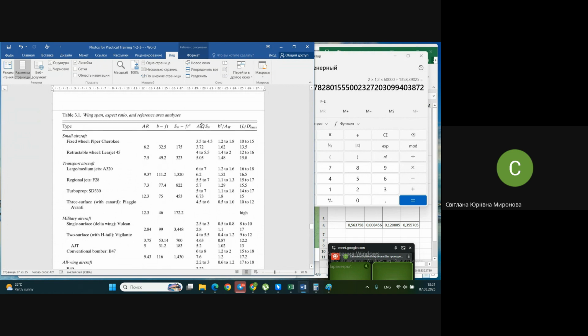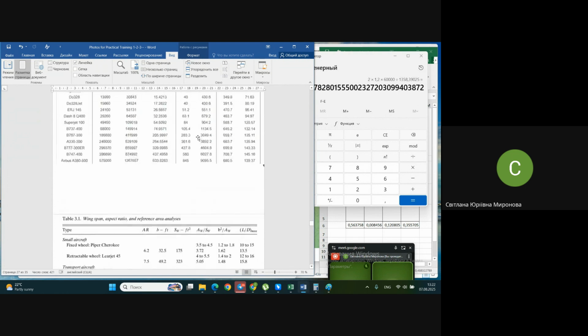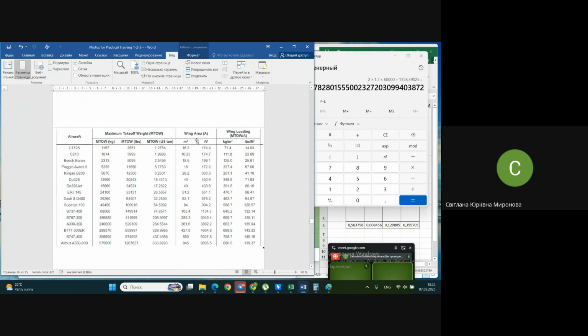They show different parameters of the wing, like chords in feet, area in square feet. Remember that I ask you to use the metric system. And they analyze wing loading. Do forgive me, I scrolled it up.